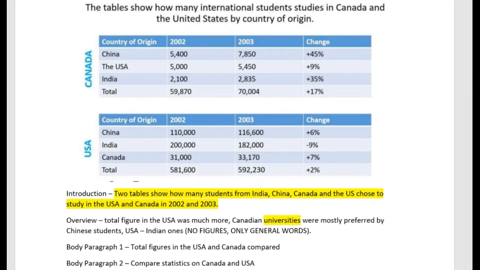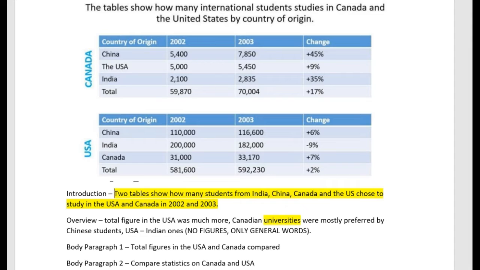For example, pay attention to Canada. In Canada, you can see that every country rose significantly. So there were significant changes in all countries. And the total figure for the USA is 581,000, and here it's 59,000.